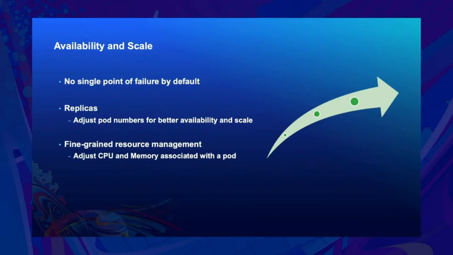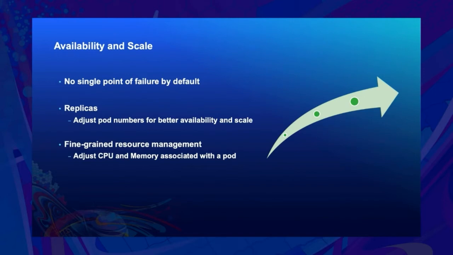Availability and scale are two broad topics that will be covered in much more detail in subsequent presentations. But I'll highlight a few key points. We understand that availability and scale are a spectrum and one size does not fit all.